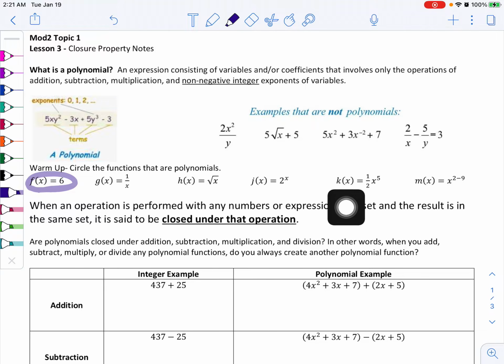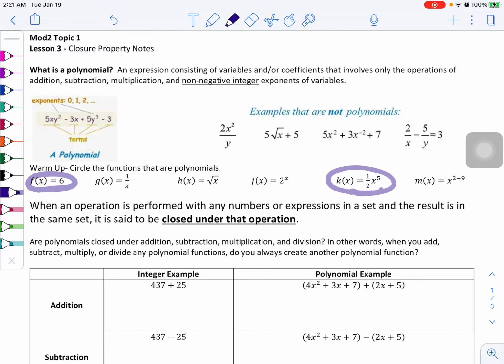K of x, let's see, 1/2 is fine as a coefficient, x to the 5th, all right. So K of x is fine. And M of x here, while it looks like it might be promising, if you actually take 2 minus 9, you would end up with a negative exponent, which would not then make it a polynomial.